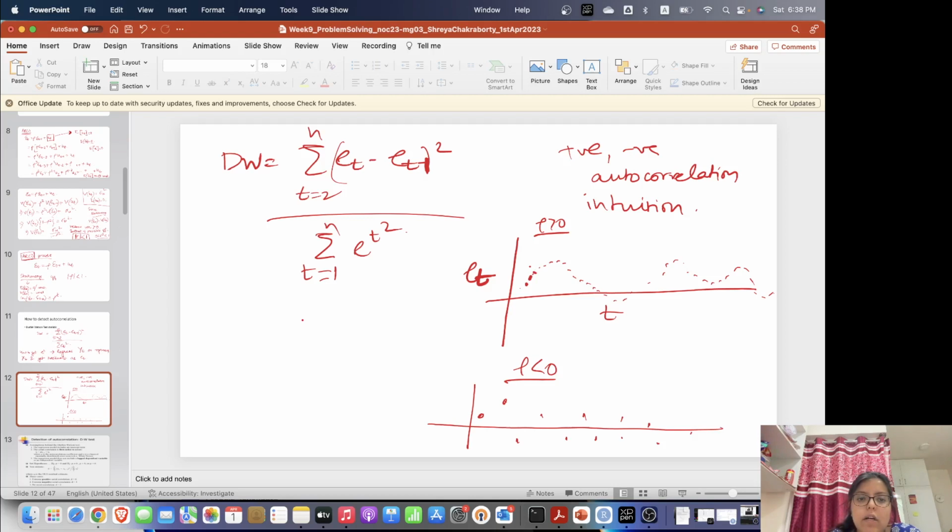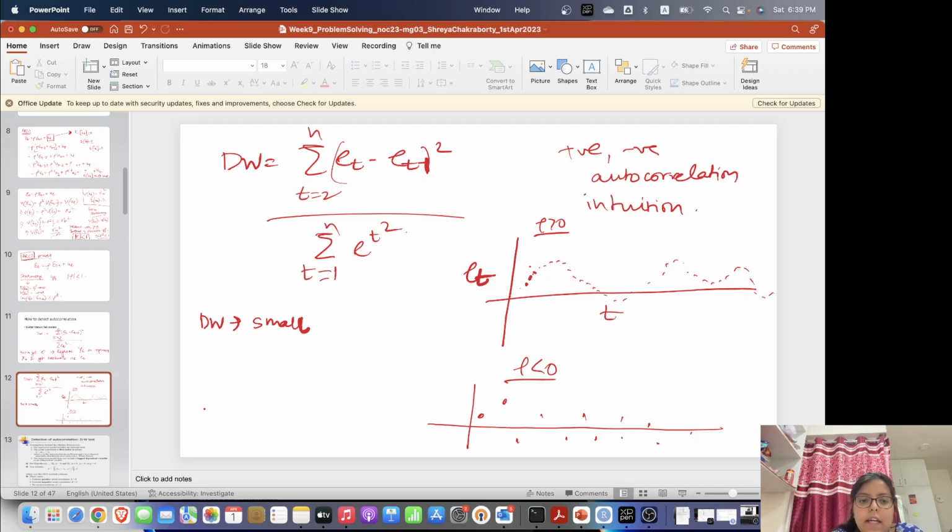So if our DW statistic is small, then we would expect that the square differences are small, meaning the points lie very close to each other. So maybe this is a scenario of positive autocorrelation.